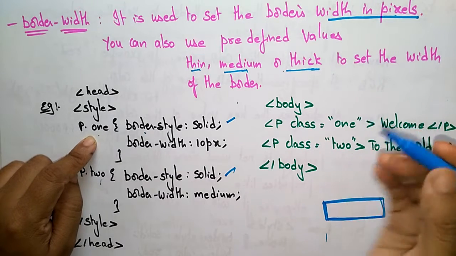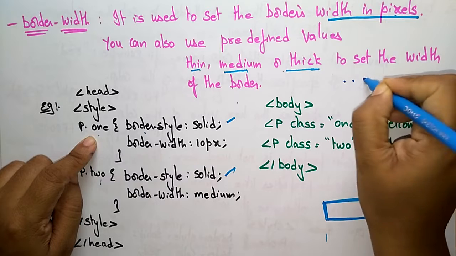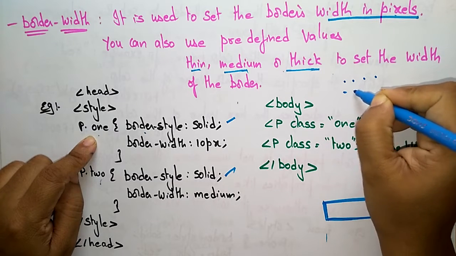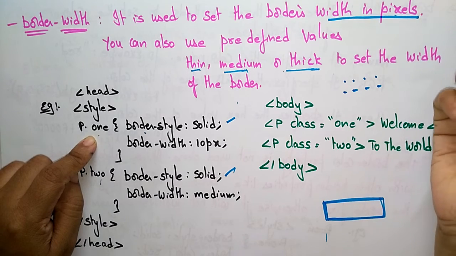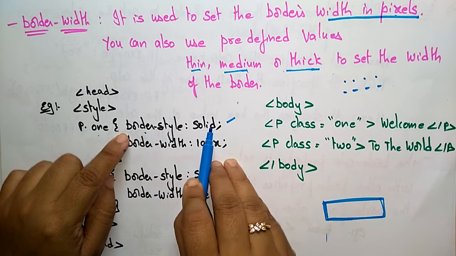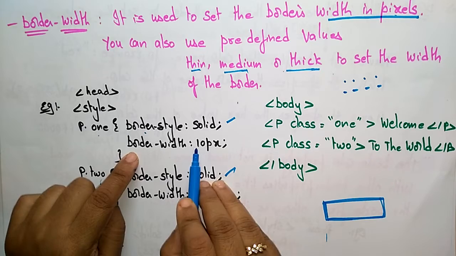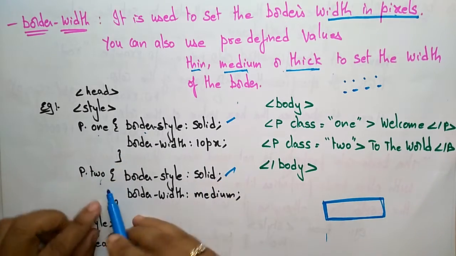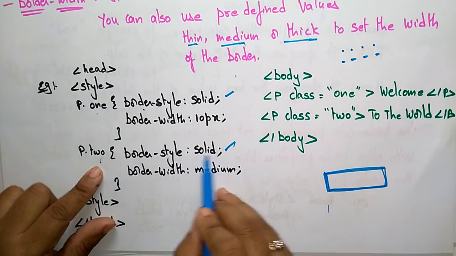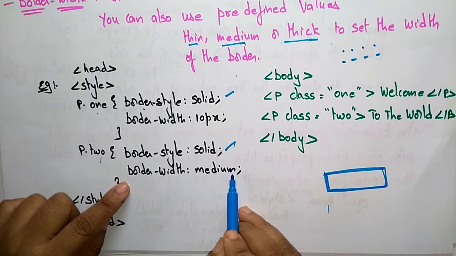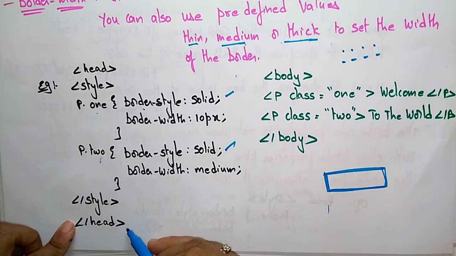Suppose if it is dotted, each dot has a width also. If it is a dash, each dash has a width. So that's why I am taking the border style as solid, and the border width, let's take 10 pixels. And p.2, the border style is solid and the border width is medium. Close the style tag and the head tag.